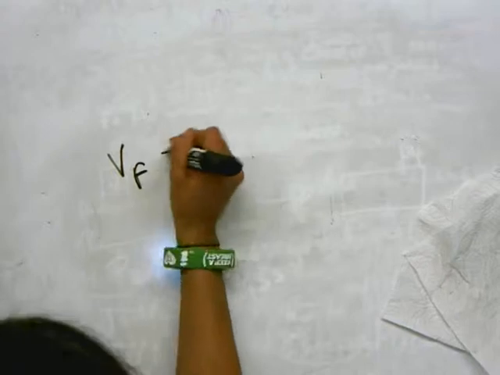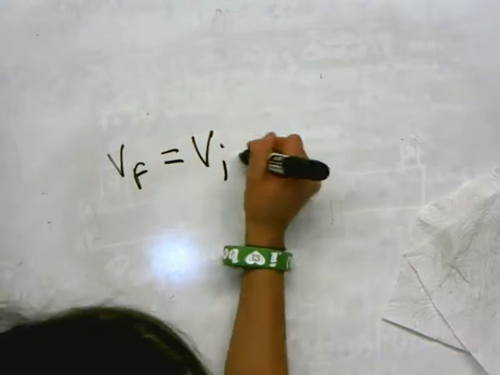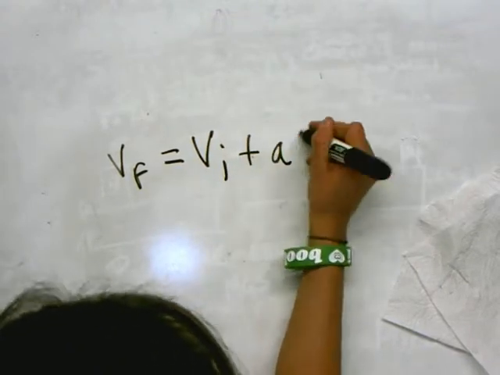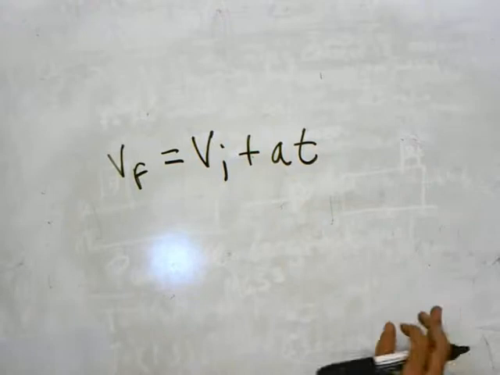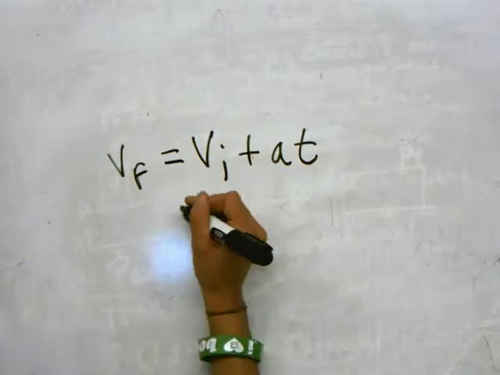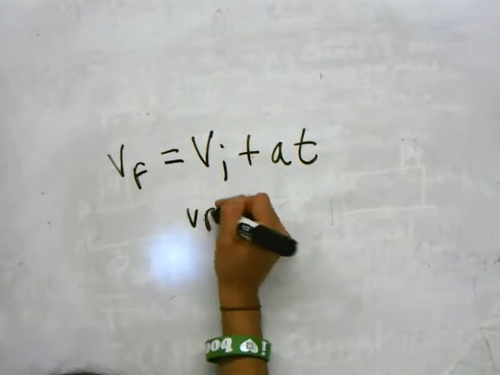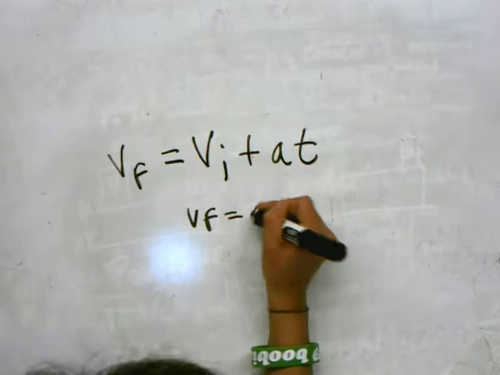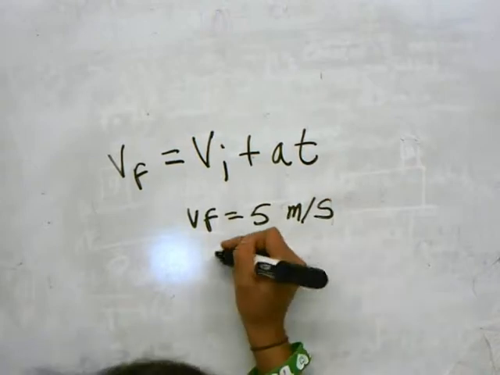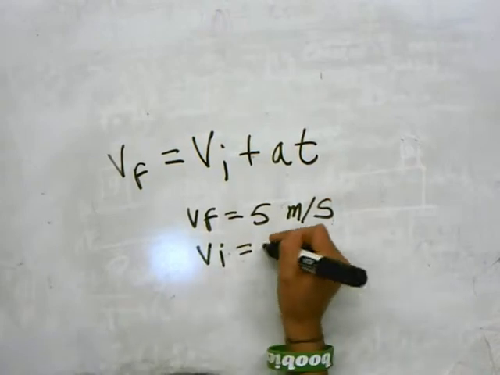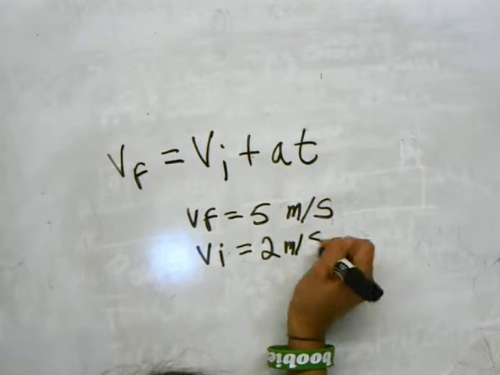For this example, V final is 5 meters per second, V initial is 2 meters per second, and the acceleration is 0.5 meters per second squared. Now we'll just have to calculate for the time.